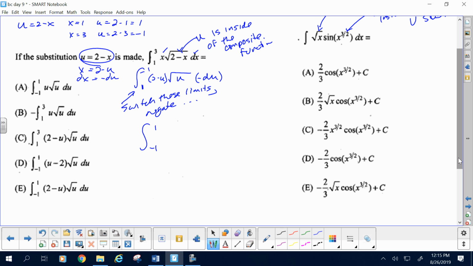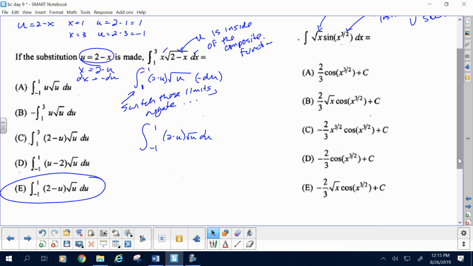I don't know where they negated, but I would imagine they took off the negative on the du, leaving you with 2 minus u root u du. So what do I conclude? My answer is E. Do we agree? Try the next one, please.